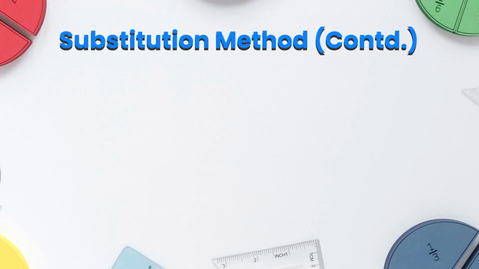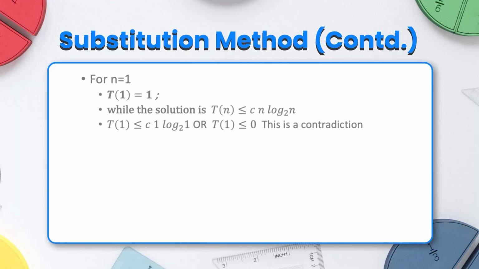So we need to find the values C and n0 to prove this situation. Let's use the substitution method to solve this problem. Let's look at our recurrence function. For n equals 1, what is the value of this function? The function is Tn equals 2T(n/2) plus 1.